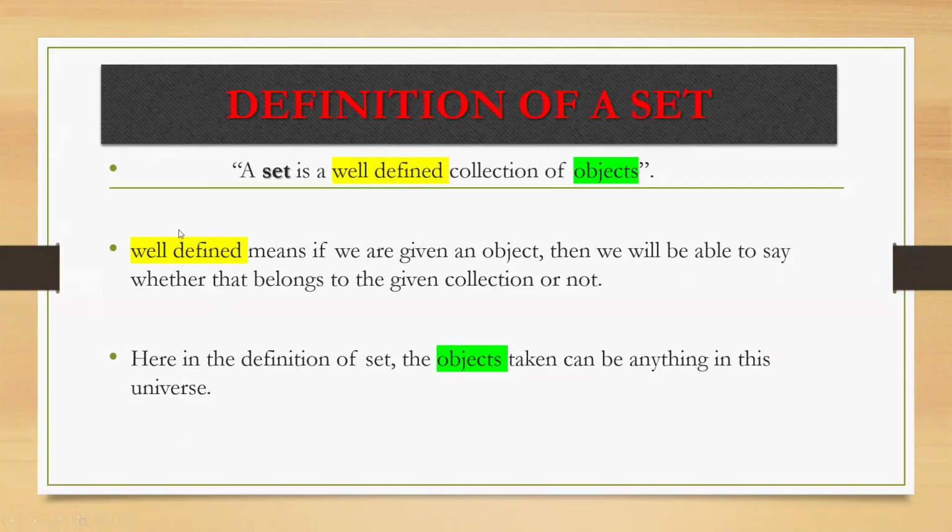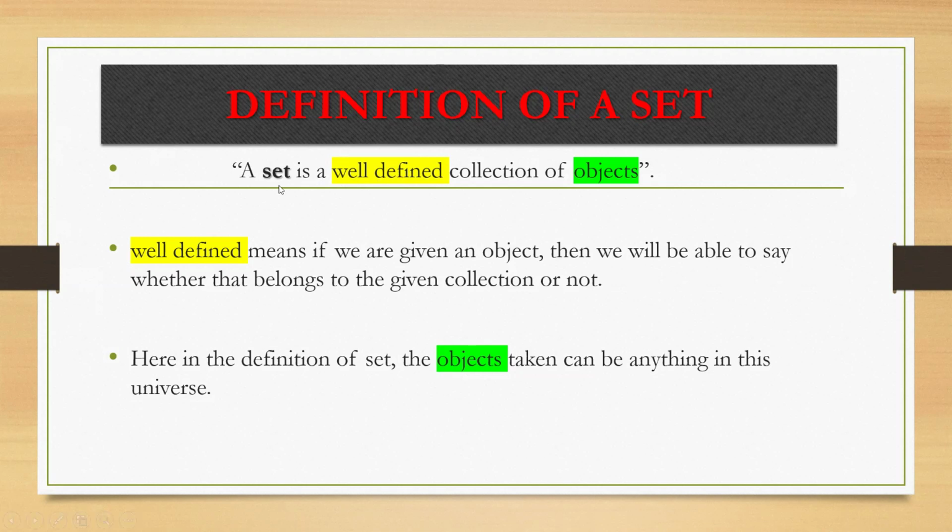A set is a well-defined collection of objects. So in the previous example, the pack of cards was a well-defined collection of objects, so hence it is a set. But the collection of best Indian cricketers is not well-defined because we are not sure whether a given cricketer will belong to that collection or not. So it is not a set.